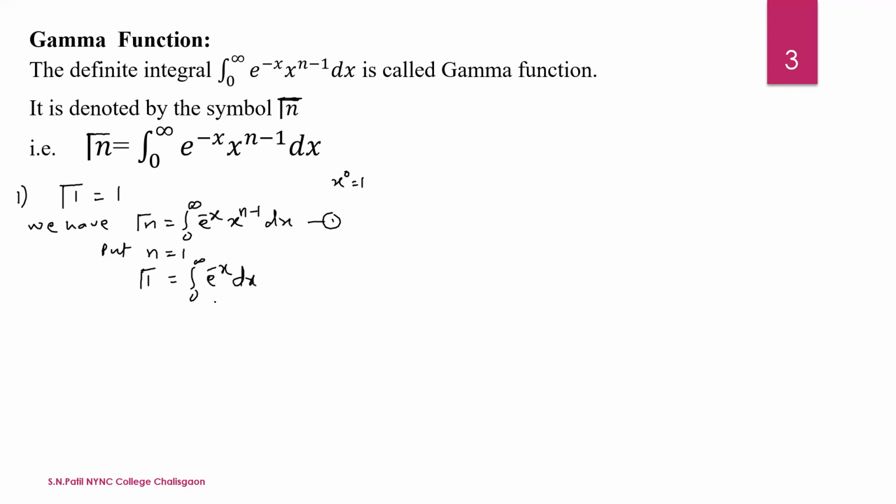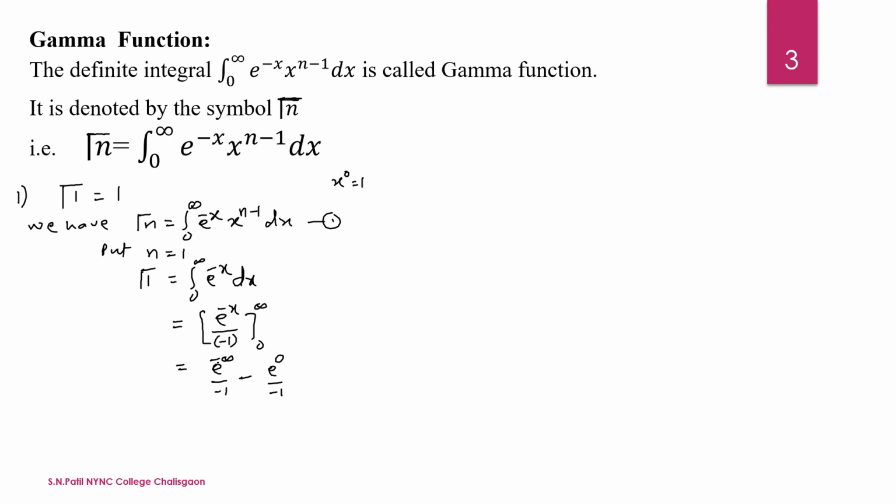Now here, simply the exponential function is under the integral, and we know the integration of the exponential function is e to the power minus x, divided by the derivative of minus x, which is minus 1, with limits 0 to infinity. Now put the upper limit, which is infinity: e raised to minus infinity, minus the lower limit e to the power 0, divided by this minus 1.